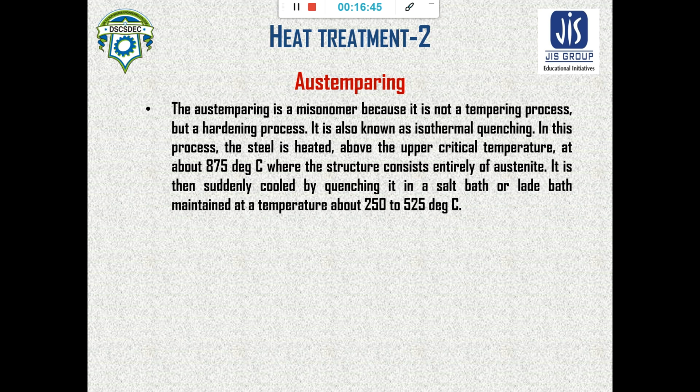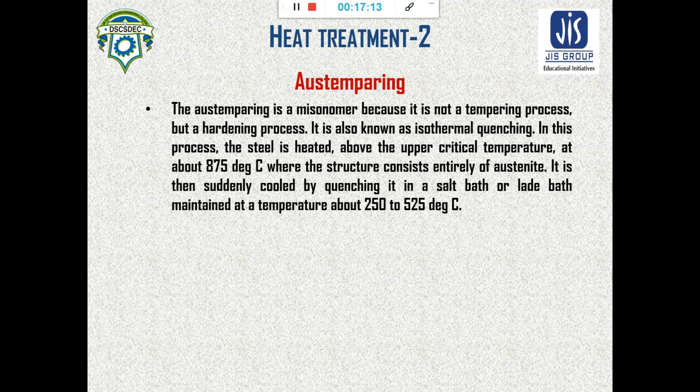Now it is suddenly cooled by quenching in a brine solution or salt bath or lead bath, and by doing so, what is happening? Complete martensite formation can be done. The formation of martensite from austenite by using this process is known as austempering.